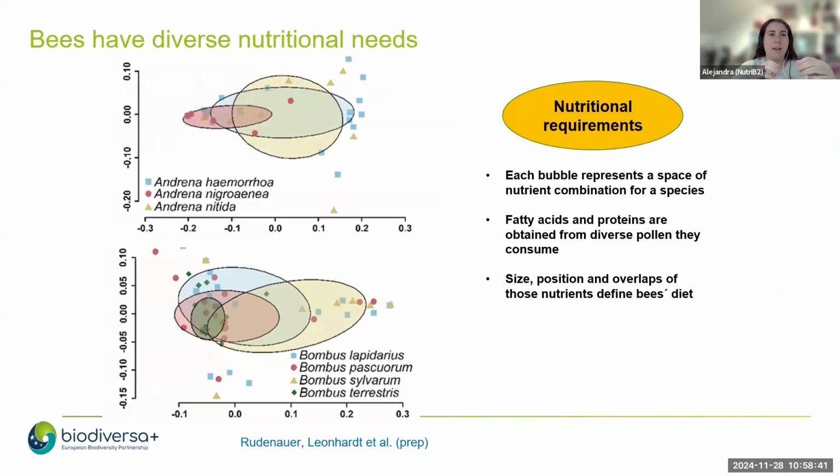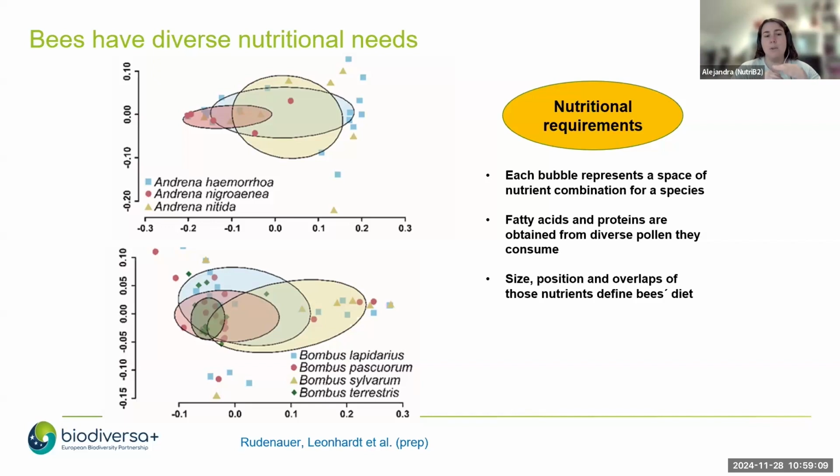So we did that by looking into which kind of pollen they had on their legs, for a vast number of bees that we found in the landscape, and by looking at the nutrient composition of that pollen. And with that, we came up with these bubbles. Each bubble represents a space of nutrient combination that the bee species lives on or depends on, and each of these bubbles belongs to a species that is written there at the bottom.